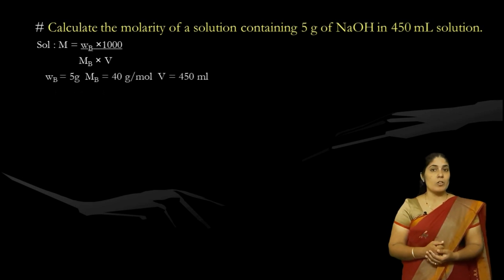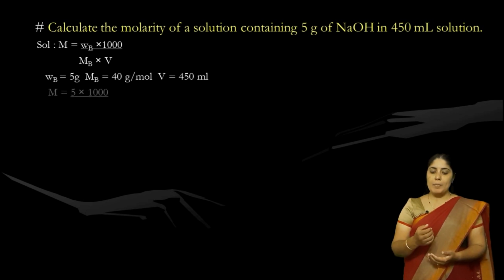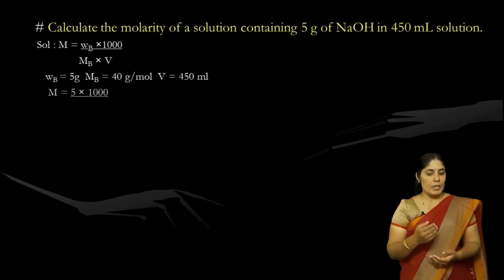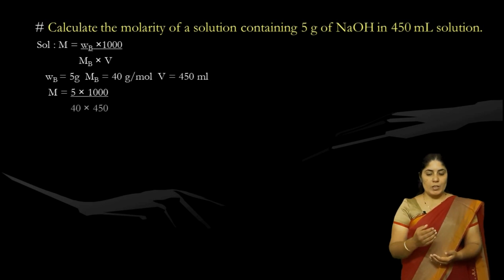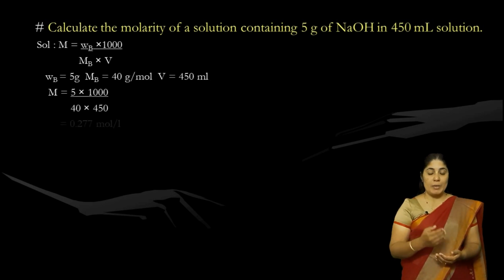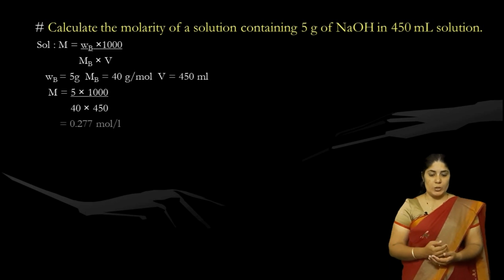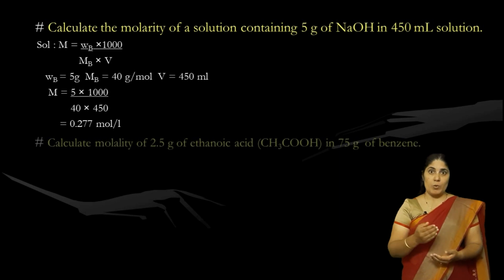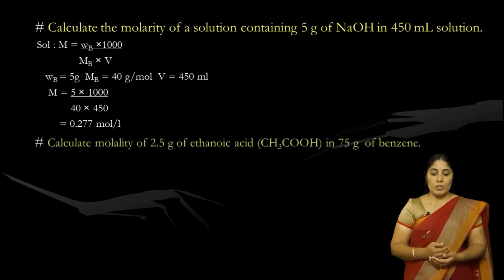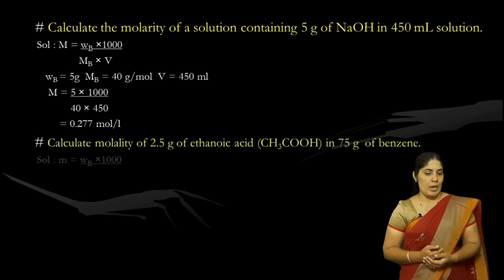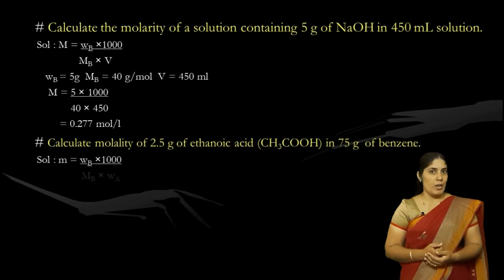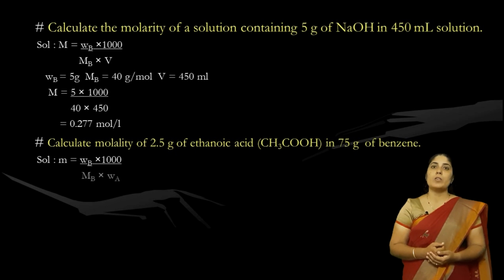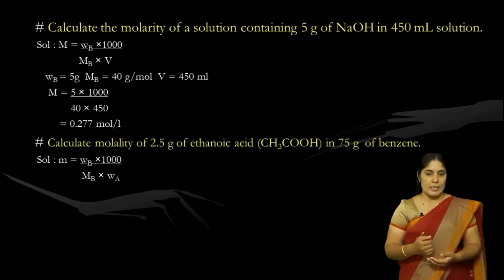Directly take the equation of molarity as M is equal to Wb into 1000 by Mb into V. The given data are Wb is equal to 5 gram of the solute, Mb is equal to 40 gram per mole, that is the molecular mass of NaOH, and V is 450 ml. By substituting and solving, we will get the value as molarity is 0.277 mole per liter.